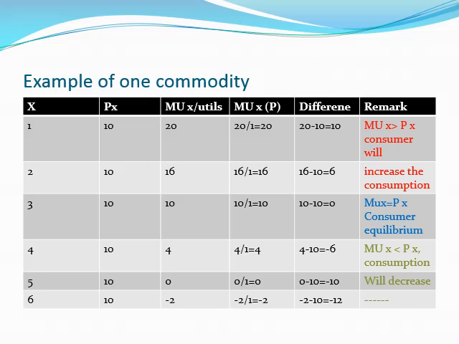Example of consumer's equilibrium in case of one commodity. Given 6 units of product X and the price of 1 unit equals 10, and marginal utility of X: 20, 16, 10, 4, 0, -2.